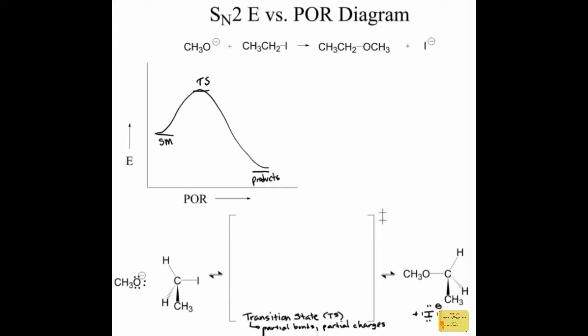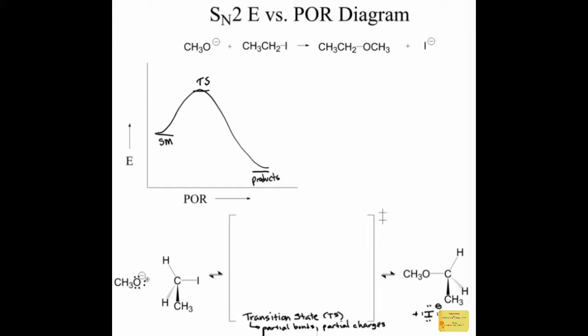Let's take a closer look at this transition state that I just labeled TS. Remember, a transition state is a high energy species, sometimes called an activated complex, where you're starting to form bonds and starting to break bonds. What's characteristic of a transition state is partial bonds and partial charges.